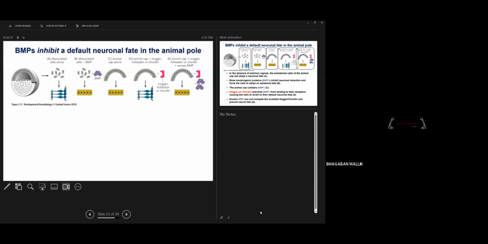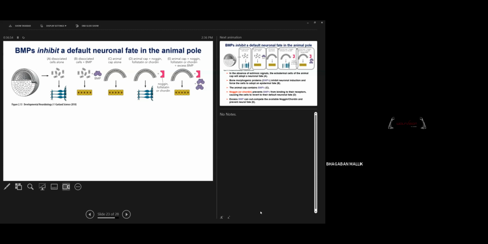Here, in a different set of experiments, people later tried to find which signals form the nervous tissue, and which signals inhibit its formation.